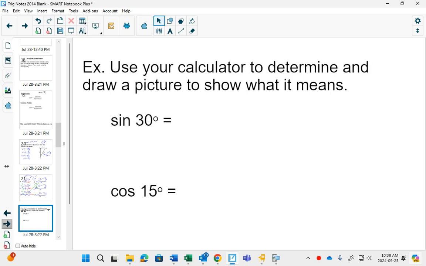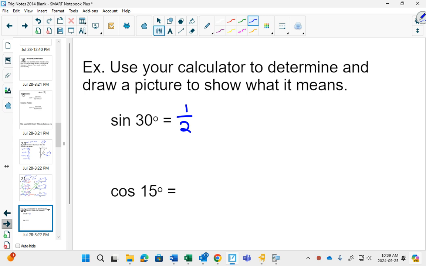Okay, so we're going to use a calculator to show these and draw a picture of what it means. 30 degrees is famous because if you do sine of 30 degrees in your calculator, you're going to get 0.5.